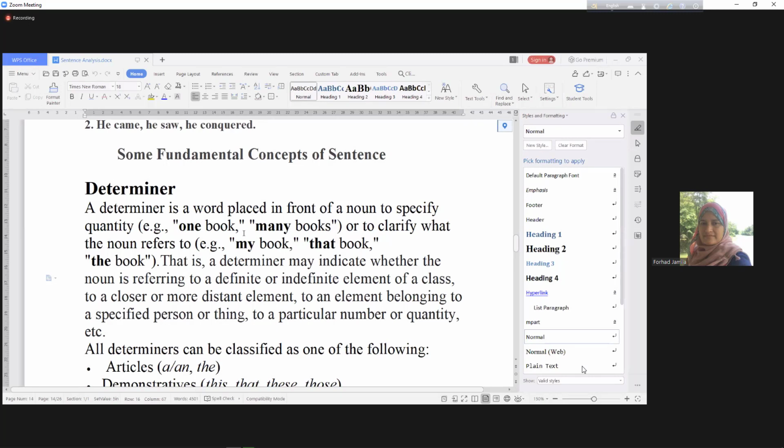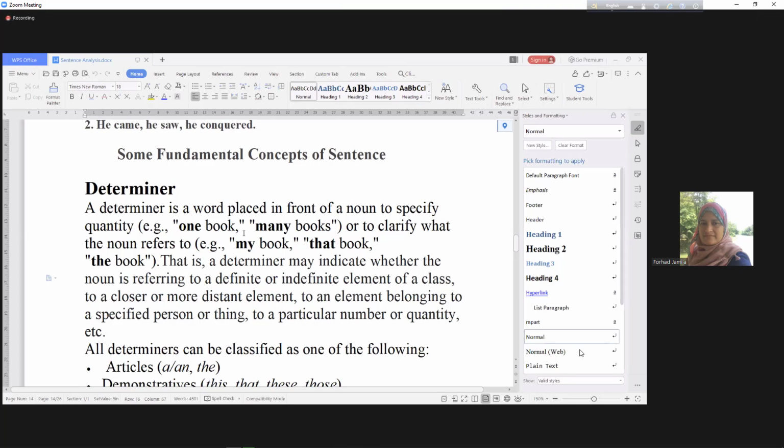Also sometimes we use pronouns and the indefinite article to refer to nouns. Suppose, this is my book, this is his book, this book, that book, this chair, those. That refers to a closer or more distant element, and my book, his book, their books refer to an element belonging to a specified person.